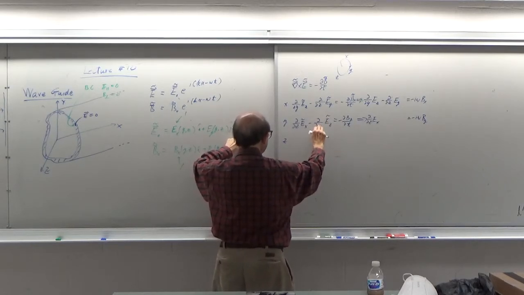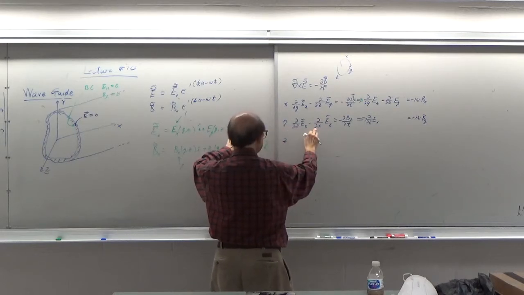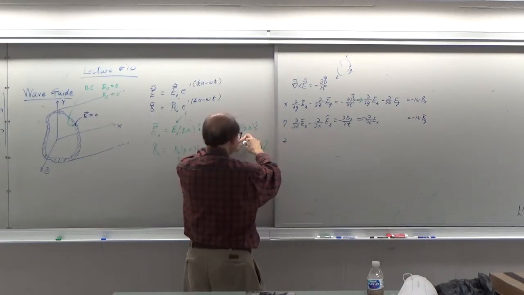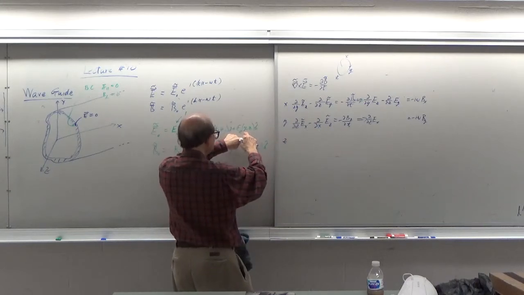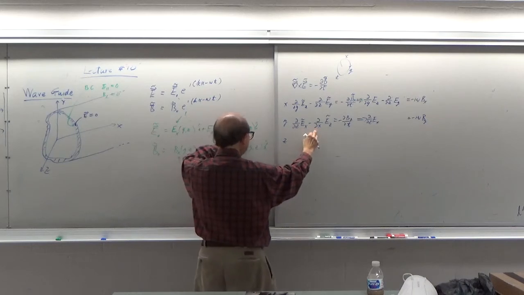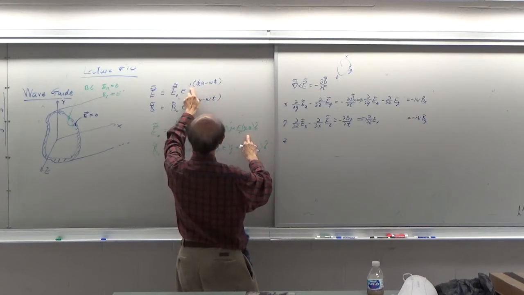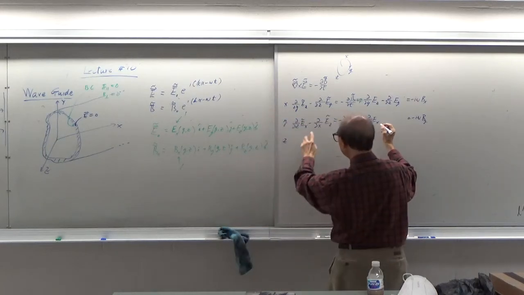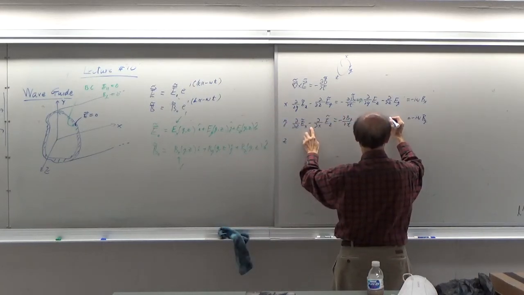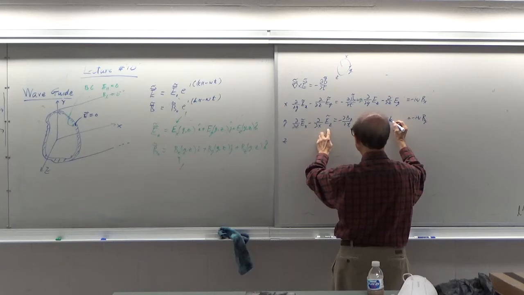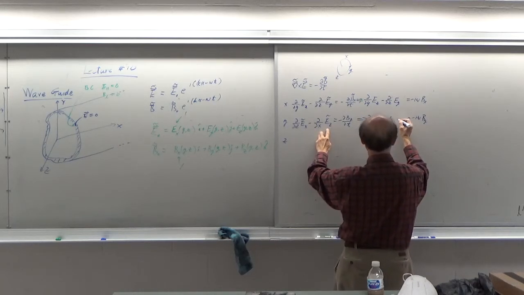But for del x, there's no dependence in the amplitude along the z component. On the other hand, there is dependence on x that appears in the exponential function. So that brings down a factor ik. So minus ik times Ez.